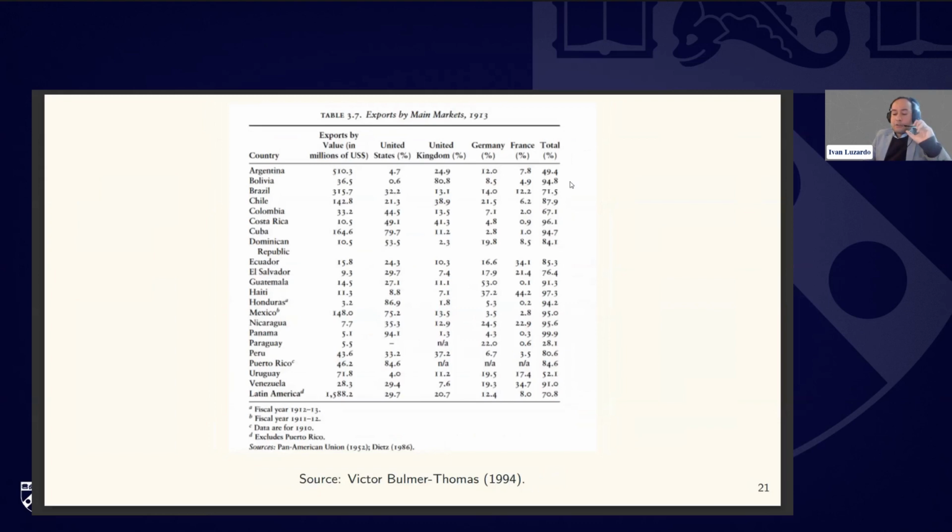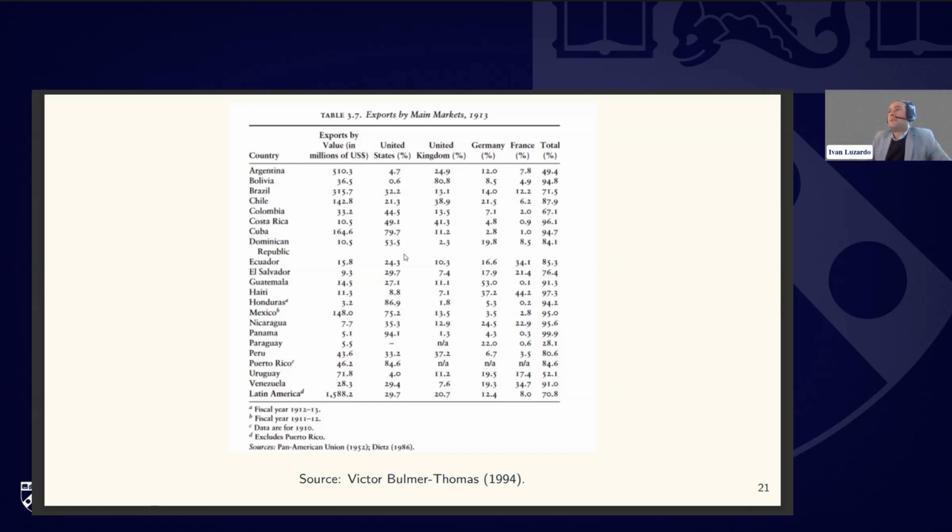There was a concentration not just in the kind of goods that Latin America was exporting, but also in destinations. And this is what we have in this table, that most of the exports went into Western Europe and North America. So of course we have differences across countries. South America was probably more integrated with Britain, and Mexico and Central America were more integrated with the US.